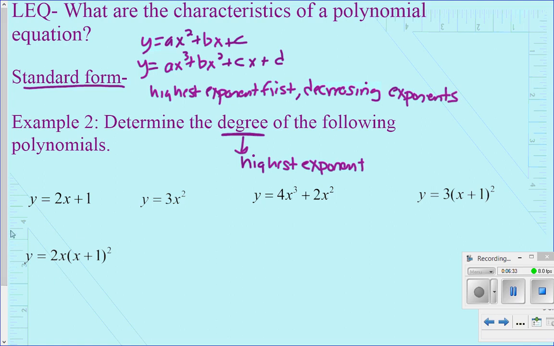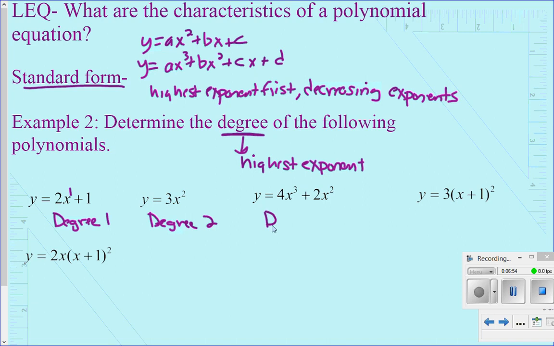So this first equation here has degree 1 because the exponent is a 1 for the first term, or for the leading term. So again, once it's in standard form, just look at the exponent of the first term. This is degree 2.